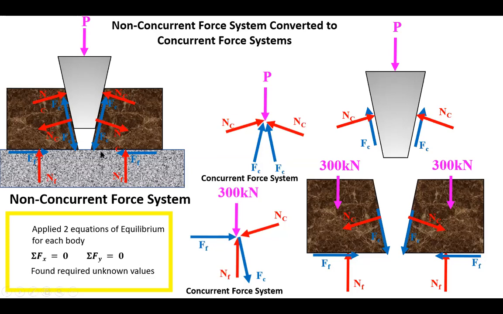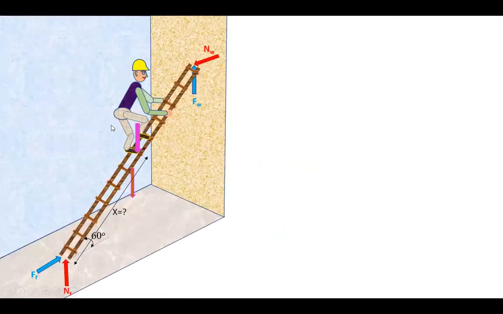But in the case of ladder problems, consider all the forces, like the reactions. I will talk about how these reactions are developed at a later point of time. As of now, just consider there will be two reactions at the bottom surface, two reactions at the top contact, and the weight of the person and the weight of the ladder.